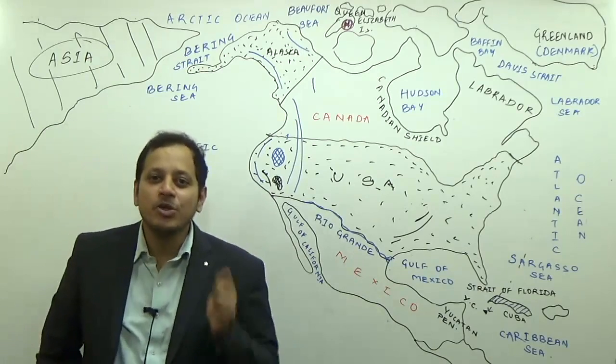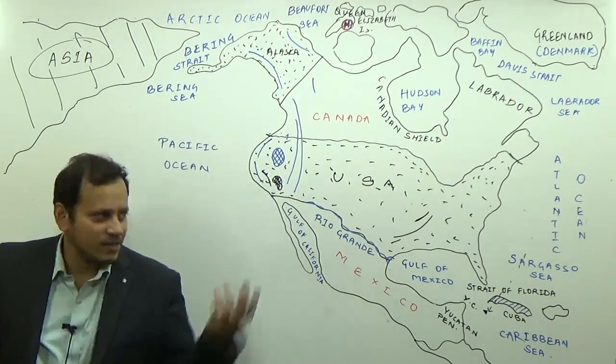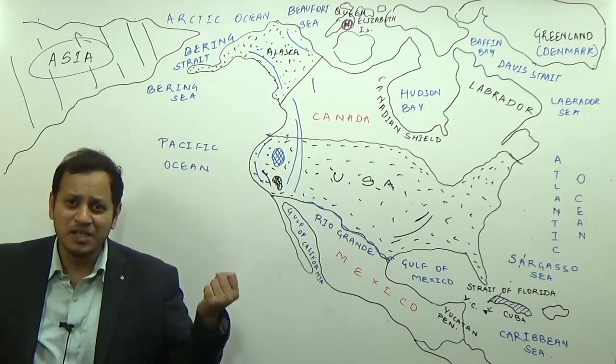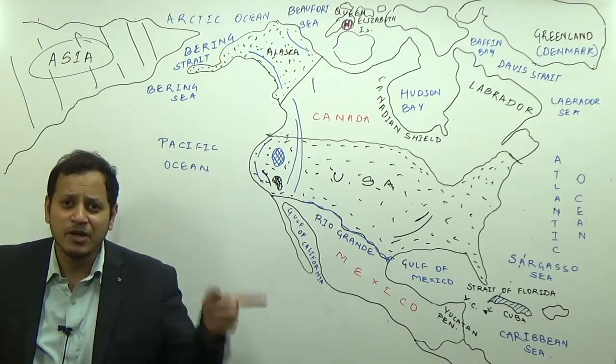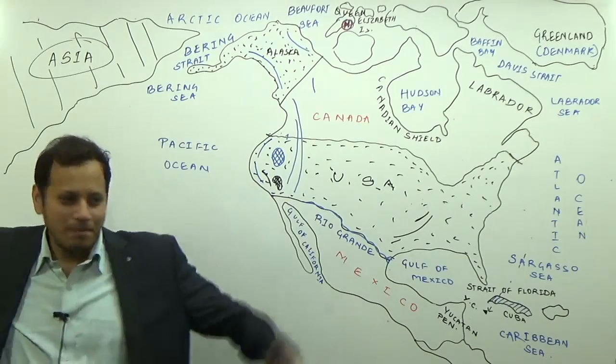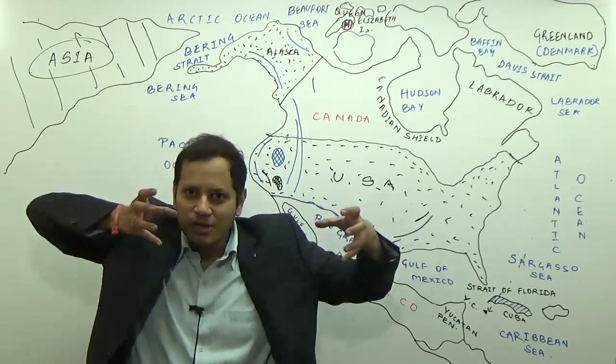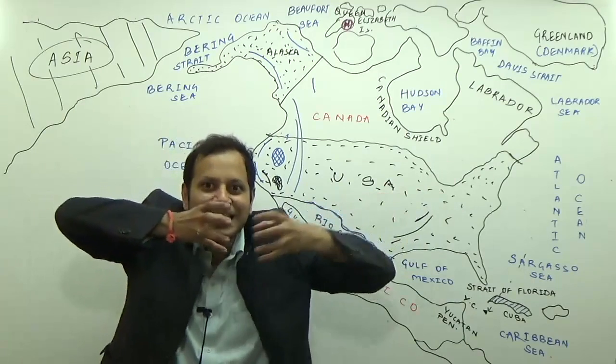Now let me use your knowledge of geomorphology. What kind of a plate boundary is this? Converging plate boundary, diverging plate boundary, or a transform plate boundary? Pacific Ocean is a shrinking ocean. Why is it a shrinking ocean? Because North America is coming towards Asia.